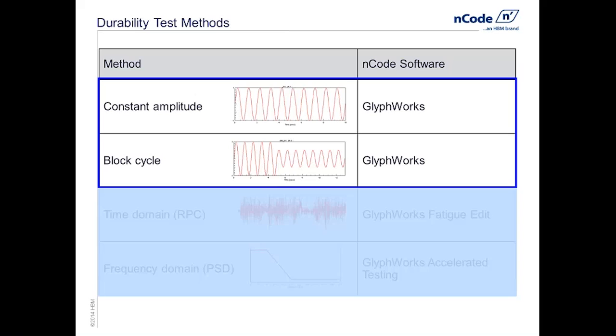A block cycle test can technically contain any number of cycles and any number of given amplitudes, but again, the point of this is to create a simplified test. So at a certain point, overcomplicating the block cycle spectrum can become counterproductive. So the idea is to create something representative, but still simple and easy to recreate in a lab.